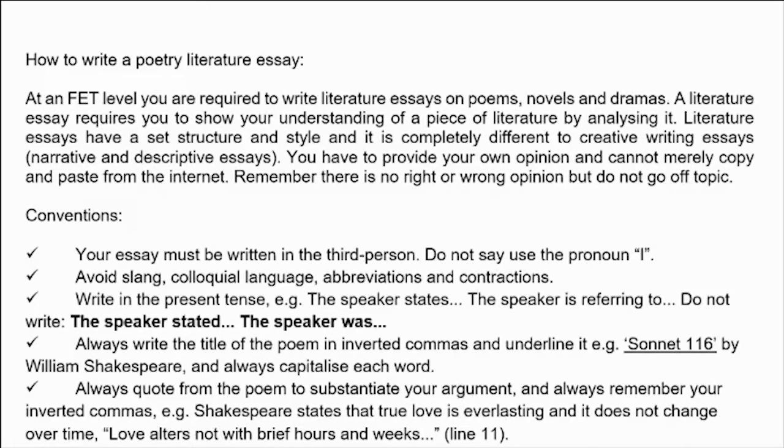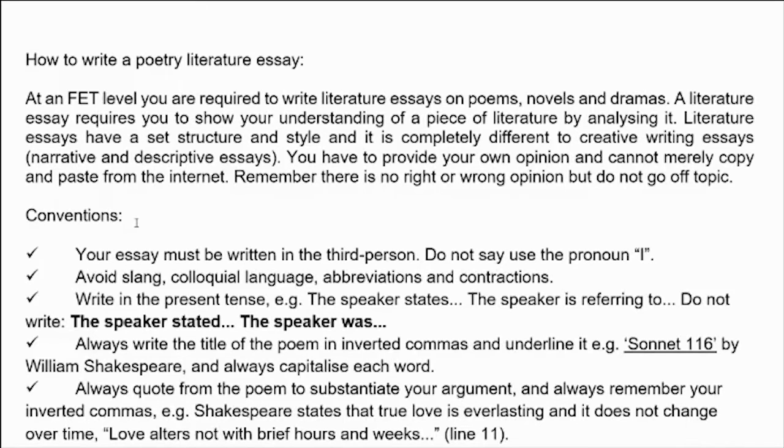You are not writing a narrative or descriptive essay. You are not telling a story. In a literature essay, you have to provide your own opinion about the topic that you are given, and you cannot merely copy and paste from the internet. Remember, there's no right or wrong opinion, but never go off topic.